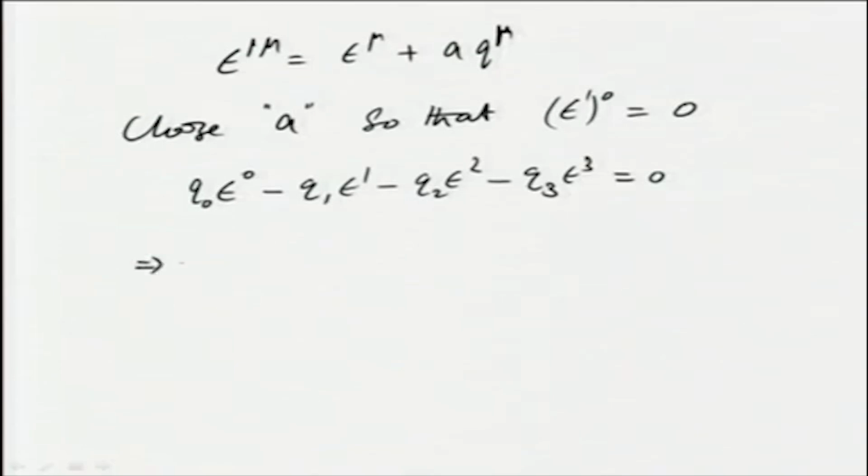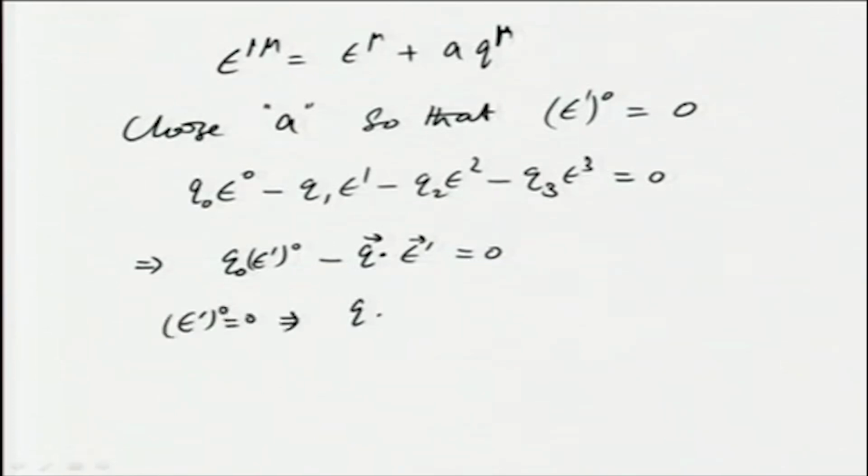So, this actually tells you that q 0 epsilon prime 0 minus, let me write it as q dot epsilon prime, is equal to 0. Since epsilon prime 0 is set to 0 by appropriately choosing A, we have q dot epsilon prime 3 vector is equal to 0.